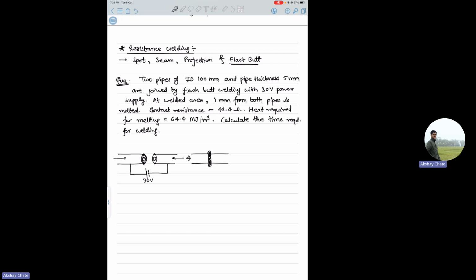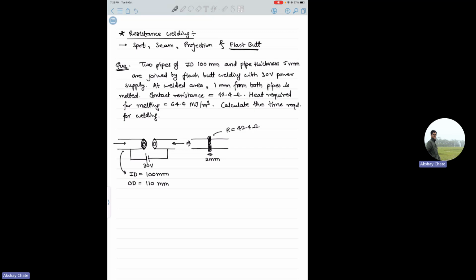They have said the ID is 100 mm for both, and thickness is 5 mm, so OD will be 110 mm. Voltage is 30 volts. 1 mm from both, so 2 mm will be molten. Contact resistance, let's say R, is 42.4 ohms, and the heat required for melting is given in joule per meter cube.